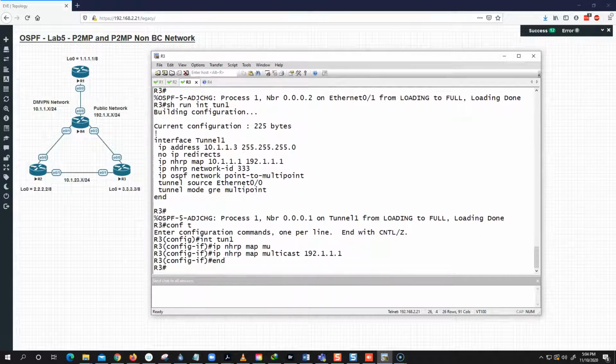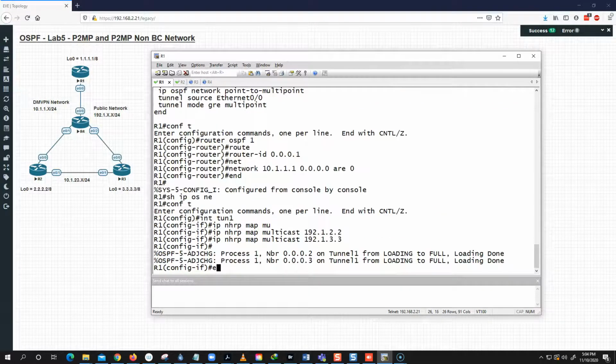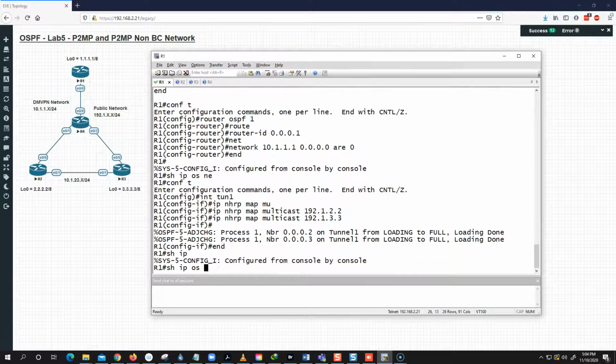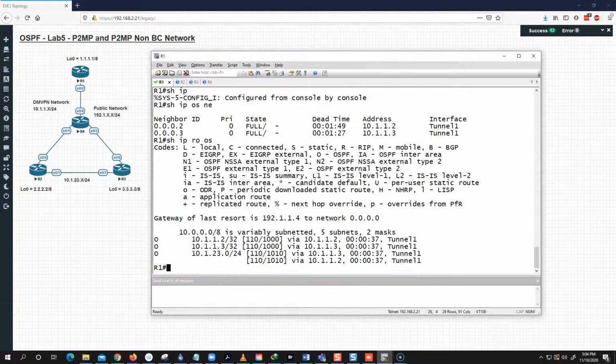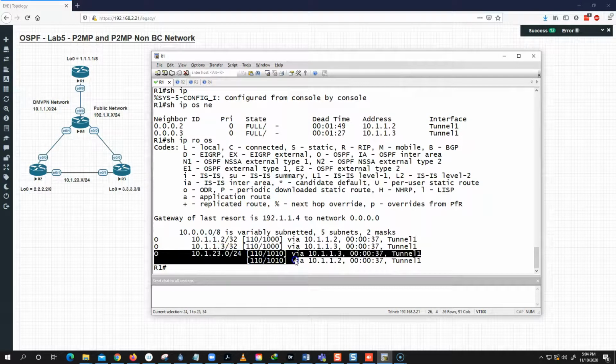Okay, so now with that we should have the neighbors. Now we have neighbors 2 and 3, and if you look at the routes for OSPF, we have received the routes.